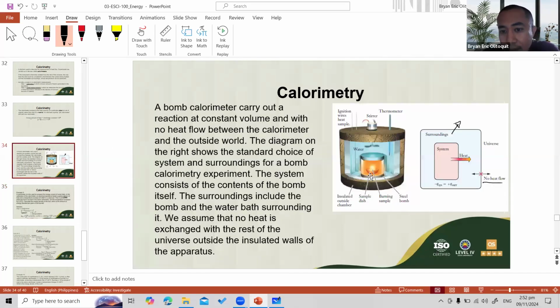Yung sinupply mong heat dito is 100 joules. So, pag nag-supply ka ng init, tataas yung temperature or rather yung reading dito sa thermometer. Okay? Take note na itong ginagawa natin is more on calibration pa lang to determine the calorimeter constant.